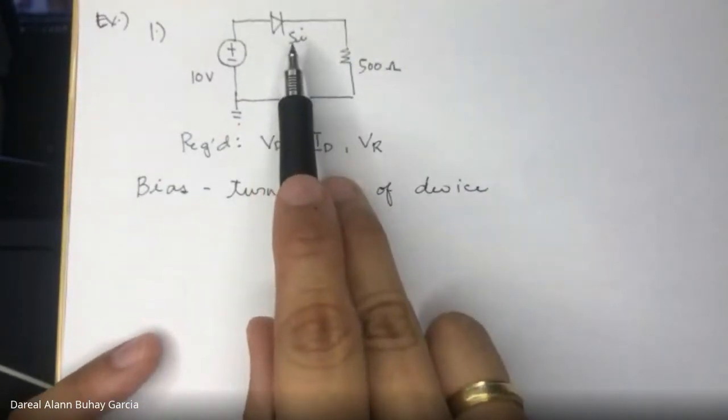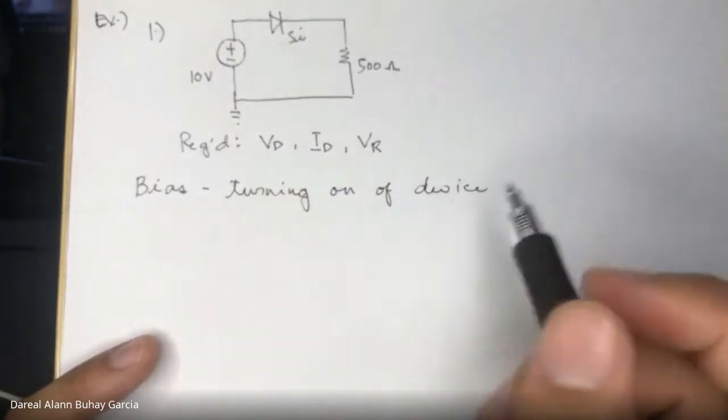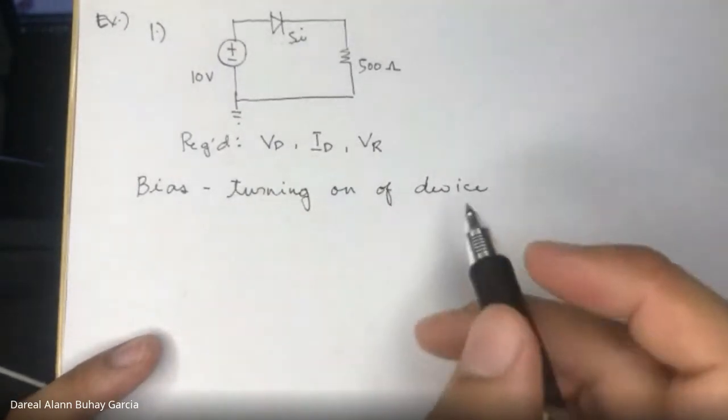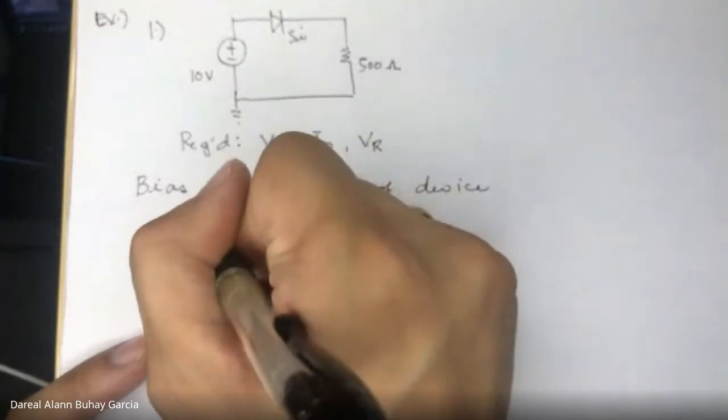For the diode, we have two biases, the forward bias and the reverse bias.